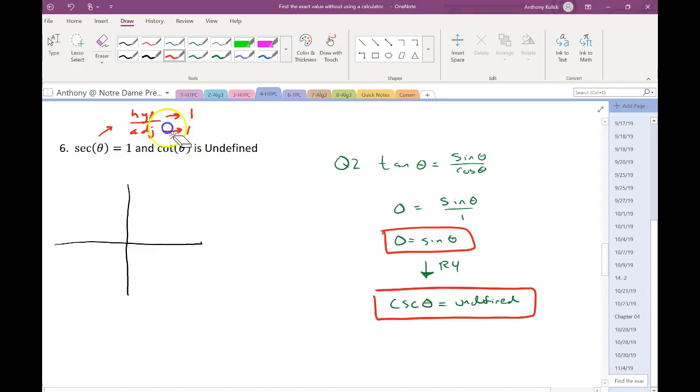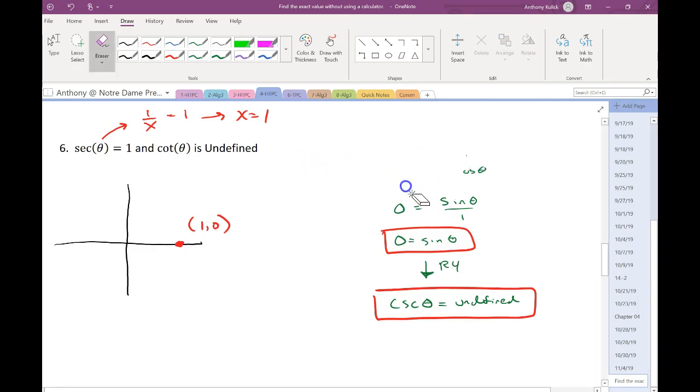So if I recall, secant is equal to 1 over x on the unit circle. So if this is equal to 1, that implies that x is 1. The only place on the unit circle with an x-coordinate of 1 is this point right here, (1, 0). Okay?